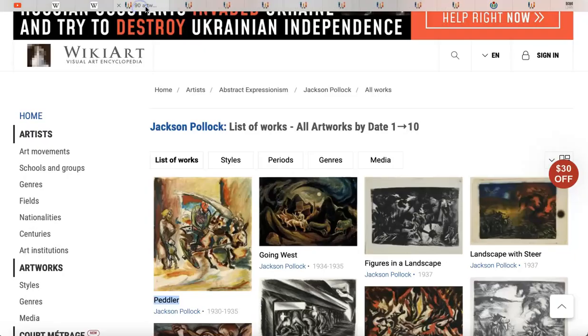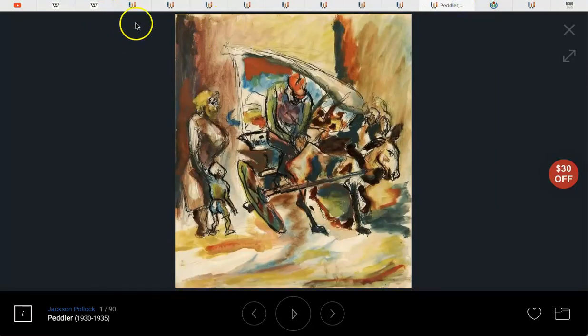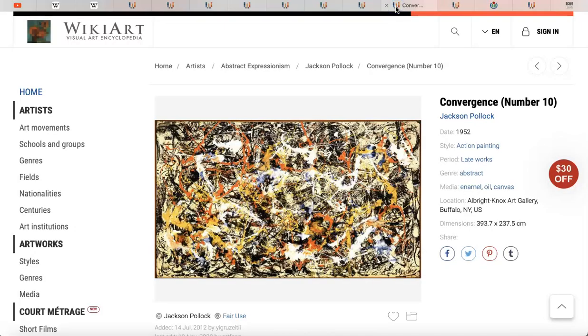I don't know. Then there's this one, the second one. It's called Going West from 1934 to 1935. Maybe you've never seen this painting by Jackson Pollock. Yeah, you thought all of his stuff looked like this. This is Convergence number 10.